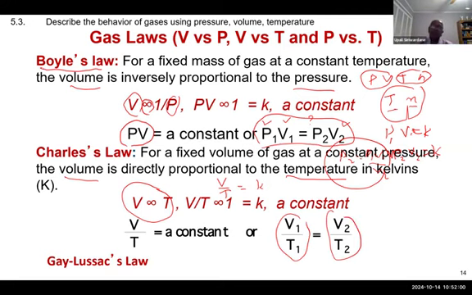So Charles' law: the volume of a gas sample is given, and the temperature is given. Very important to remember, temperature should be in Kelvin. Whatever the temperature value, it should be in Kelvin. If you are given Celsius, you have to convert to Kelvin.